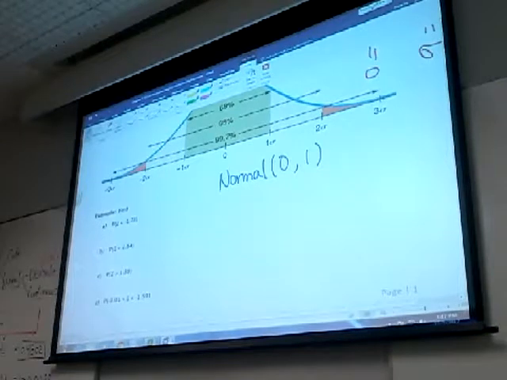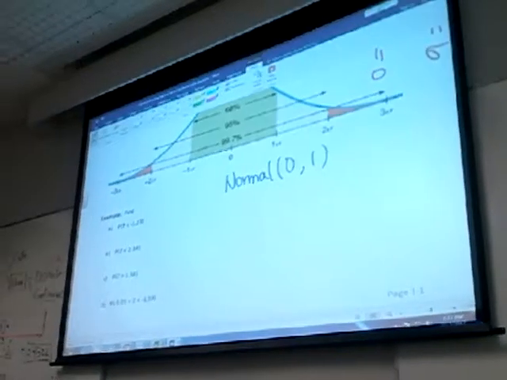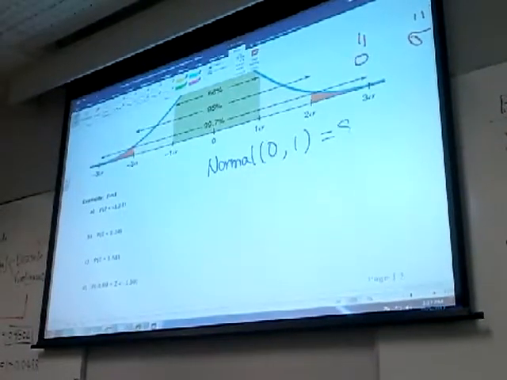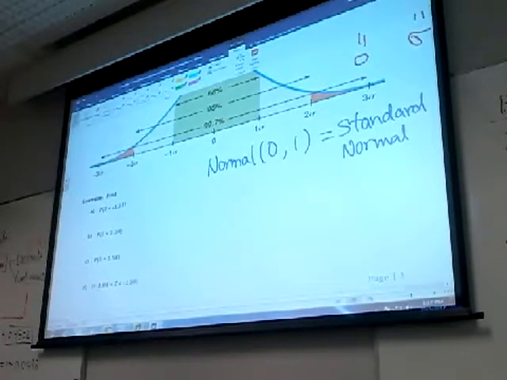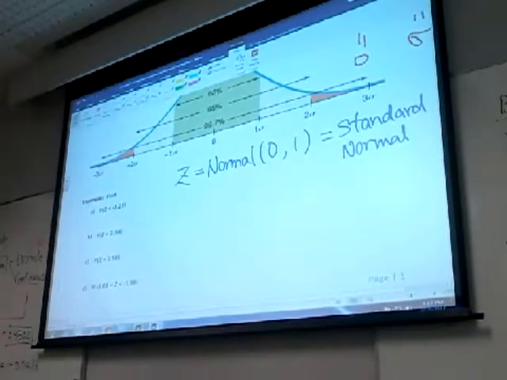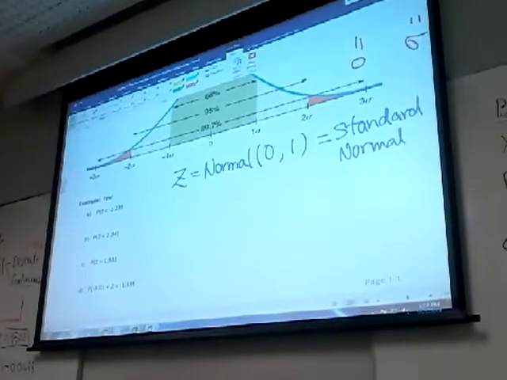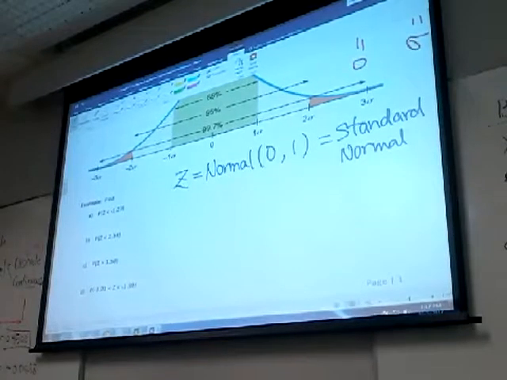It's a very special one. Only when the mean is 0 and the standard deviation is 1, we call it the standard normal distribution. And we are going to use the notation Z. It is the standard one. Mean 0, standard deviation 1.